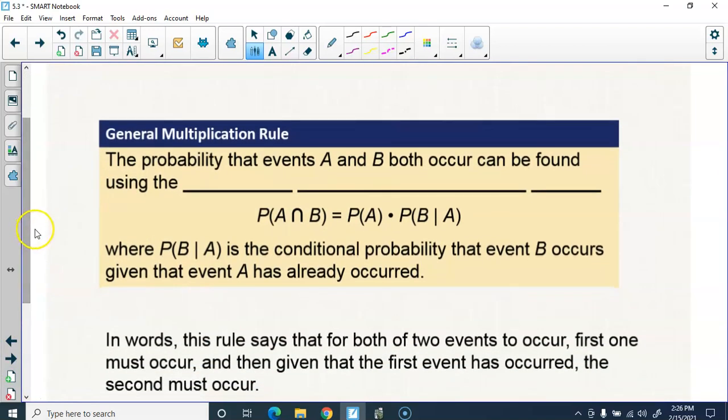Okay, so now to find the probability of A and B, there is a specific rule called the general multiplication rule, for when we don't have something like a two-way table.